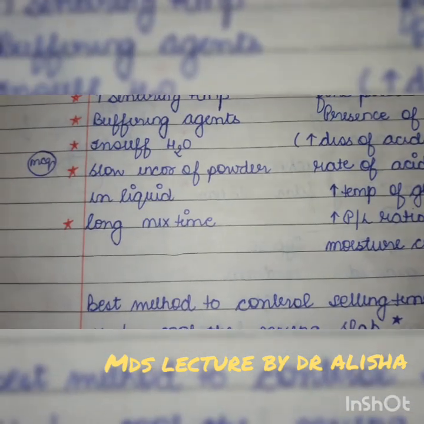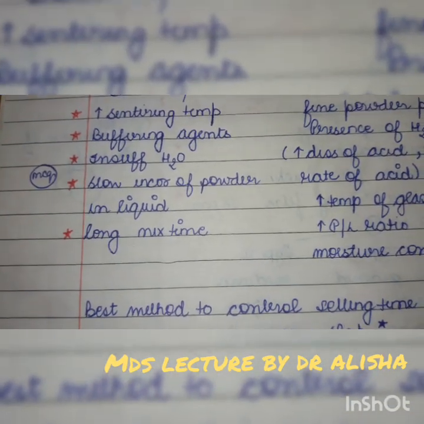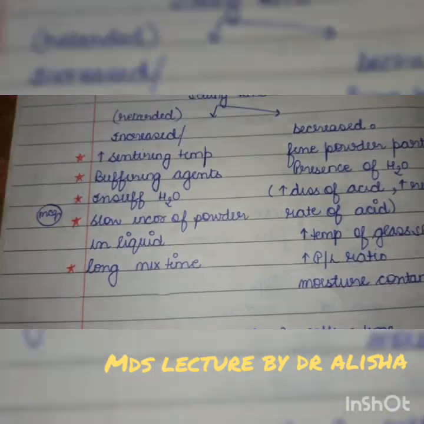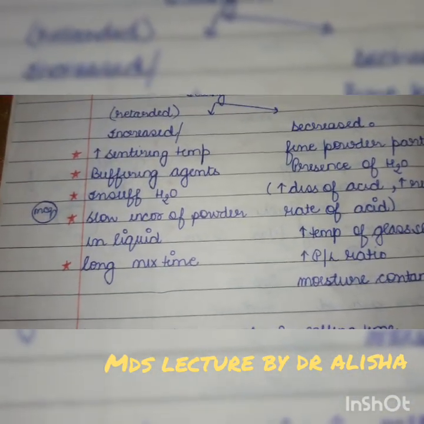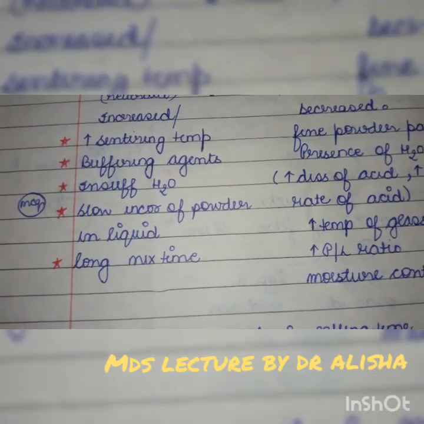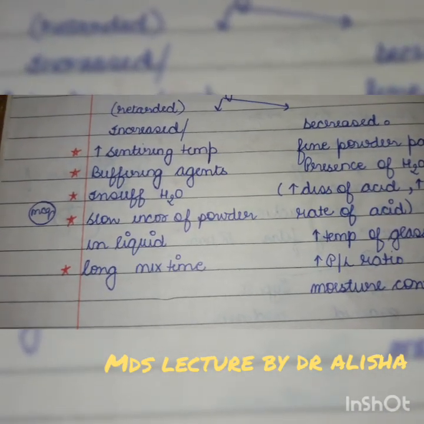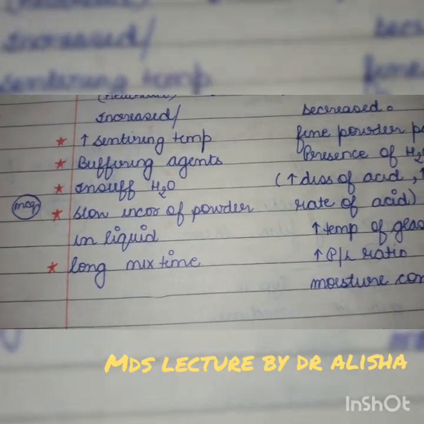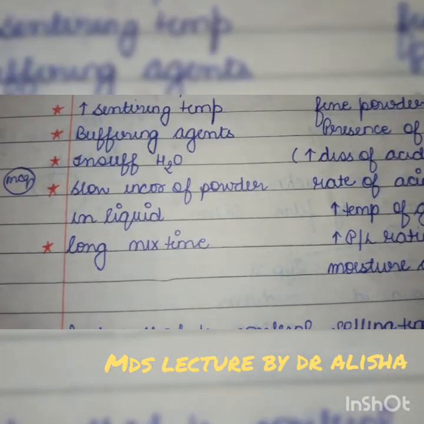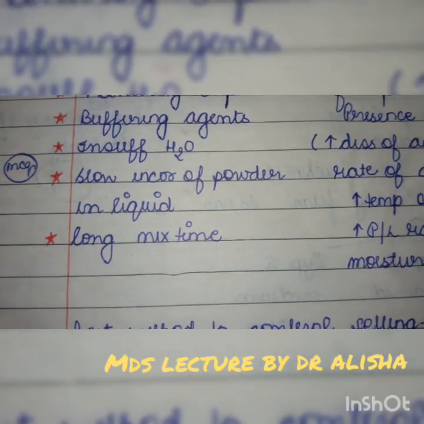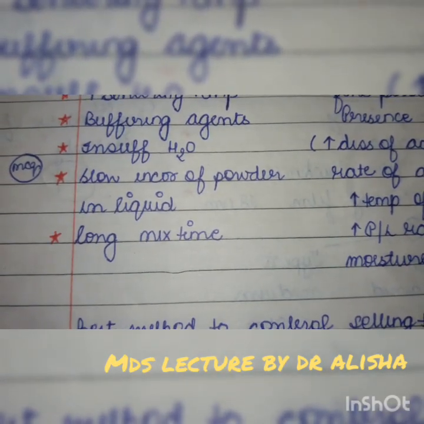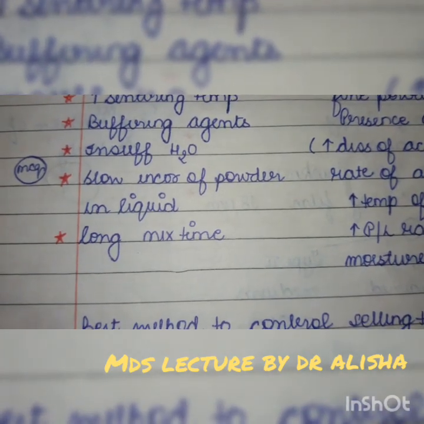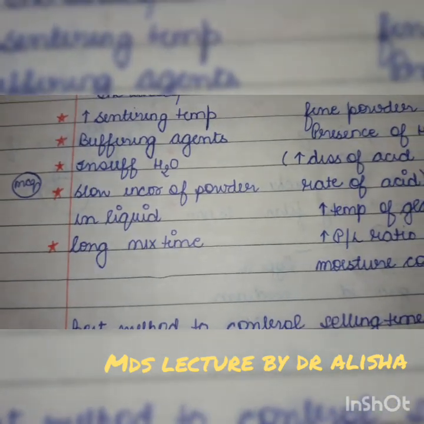Also, if we have a long mixing time of the constituents of the zinc phosphate, it will also increase the setting time. So the various factors influencing the setting time are the sintering temperature, presence of the buffering agents, insufficient water, the speed of incorporation of powder into liquid, and the mixing time.